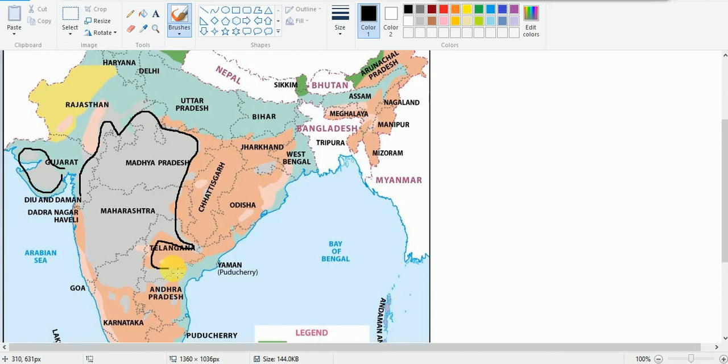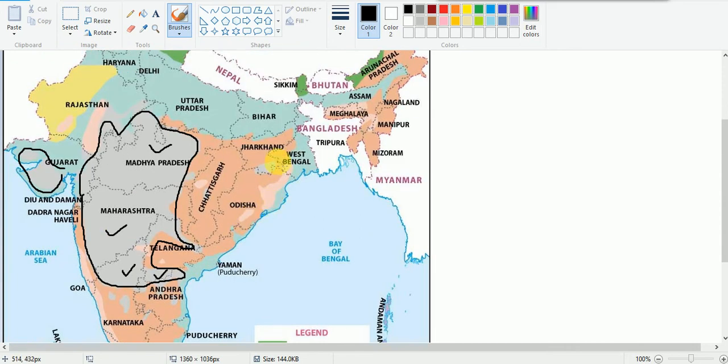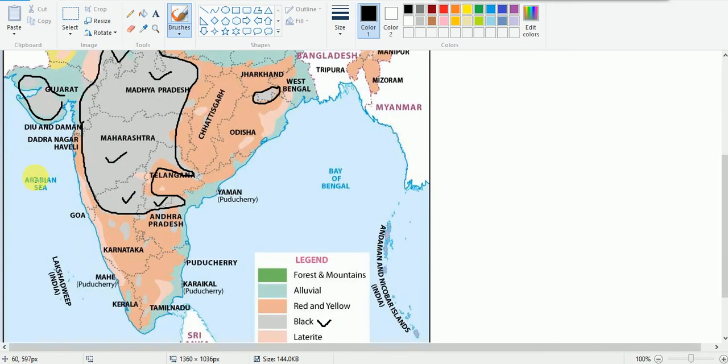And just see here, so we have Madhya Pradesh, Maharashtra, then northern Karnataka, then the Telangana area. And we find some patches of this black soil here in the Jharkhand area, and in Gujarat also, and in the other part of Karnataka also we find these patches of black soils.